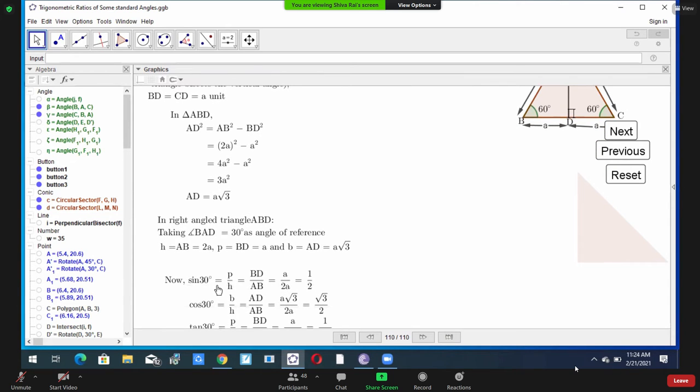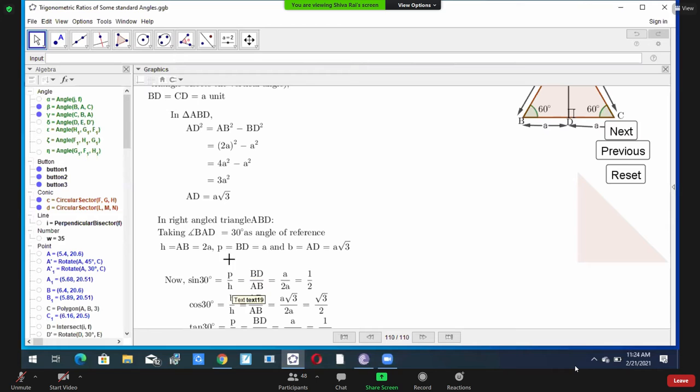In your book also, sine 30 degree equal to, for this case, I am writing P upon H, sine 30 degree or sine theta or sine A, whatever it may be. Always P upon H, don't forget. Here P means BD, perpendicular means BD, and H means AB.